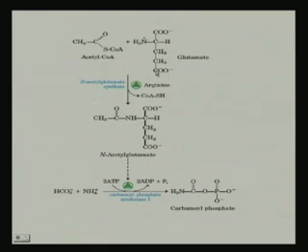It undergoes reaction with the help of the enzyme N-acetyl glutamate synthase, and it is producing N-acetyl glutamate. Here arginine is also playing an important role to catalyze this reaction.